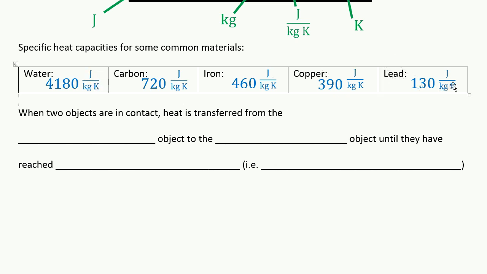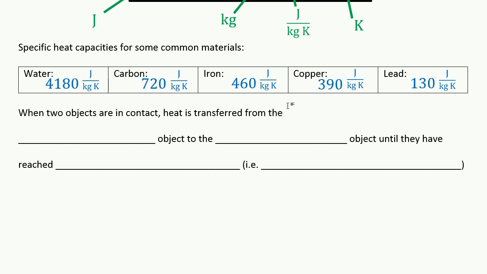Lead, on the other hand, if you had 1 kilogram of lead and you wanted to raise it 1 Kelvin, that would only require 130 joules, 130 joules per kilogram per Kelvin. So it's a lot easier to heat up lead than it is to heat up water, because water has the capacity to hold a lot of that heat in without increasing its temperature. Keep these values handy, because you'll probably have to refer back to these when you're solving problems in the future.